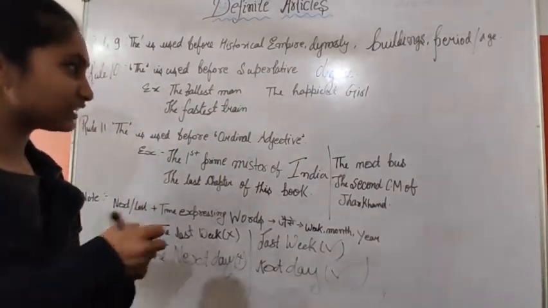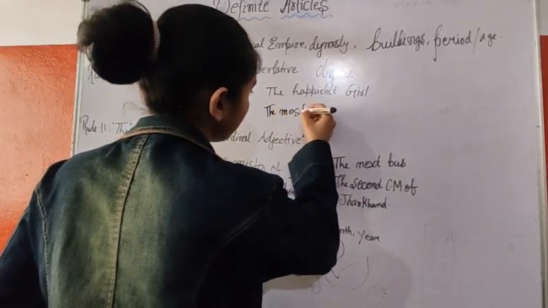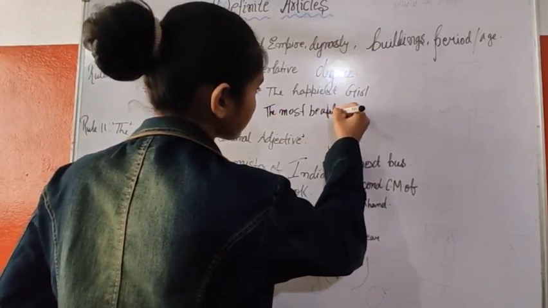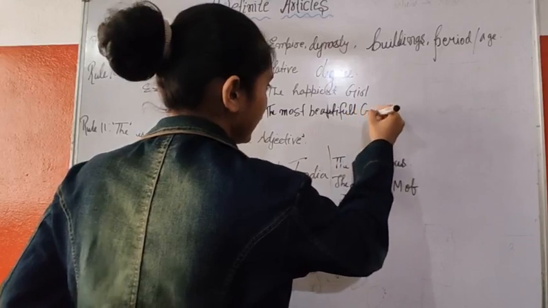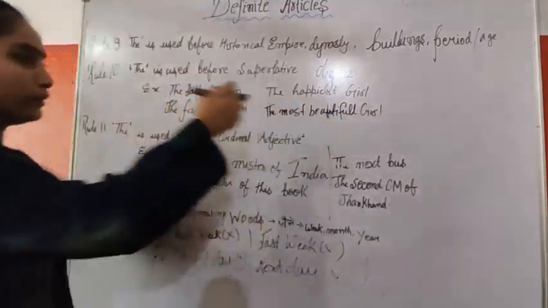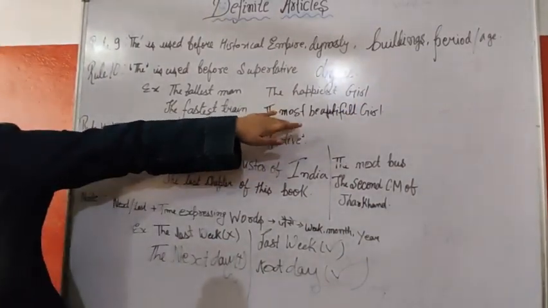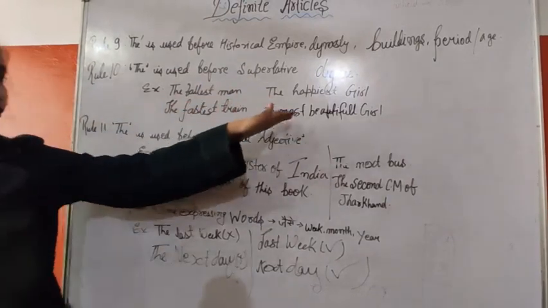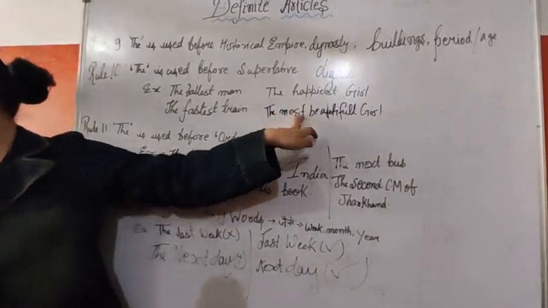Let me write here one example: the most beautiful girl. Guys, if "most" is used in the sense of "very," then we will have to apply not "the," but "a" before that.